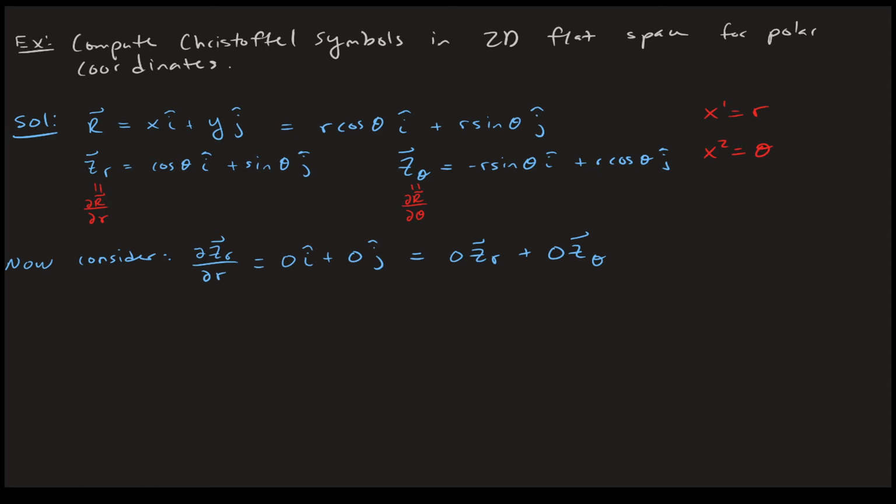So this tells me that this first component, which would be gamma 1, 1 down, because I'm differentiating z1 with respect to x1, and it's the first component. So gamma 1, 1, 1 is 0. And same thing for gamma 1, 1, 2 is also 0. So my first two Christoffel symbols are 0.